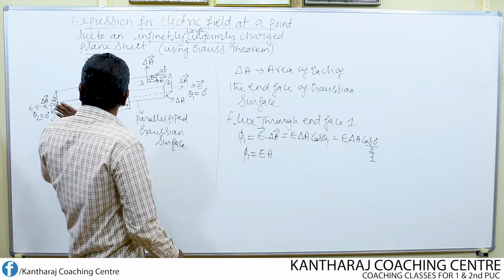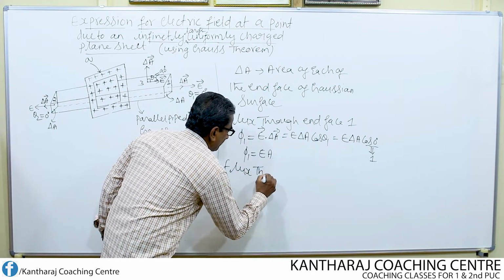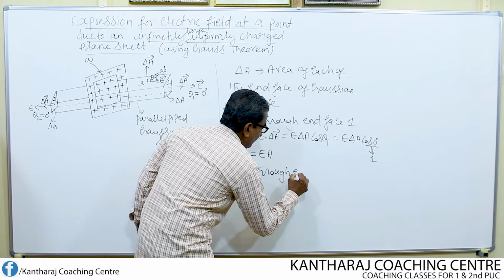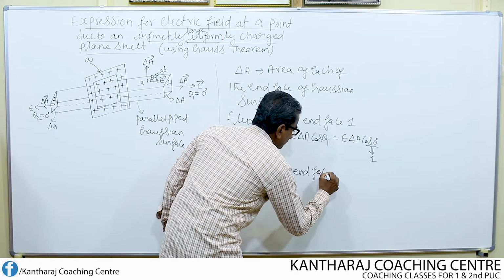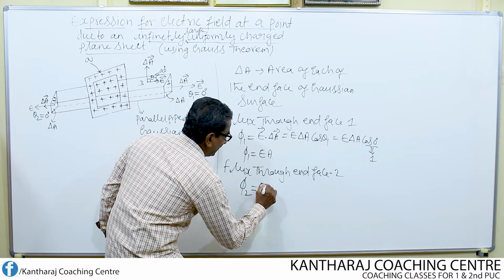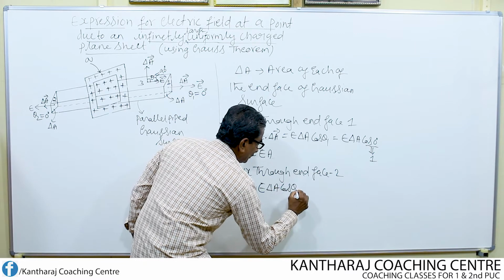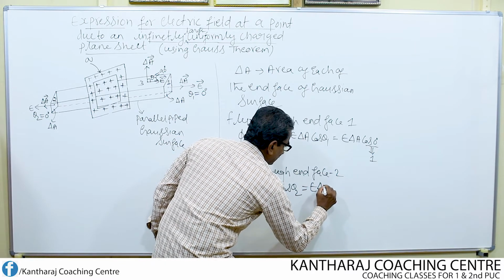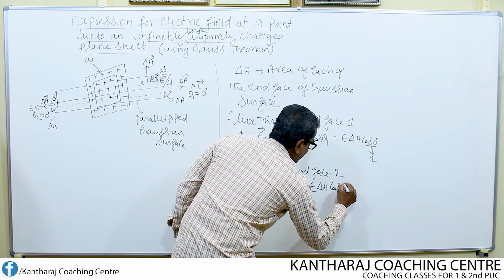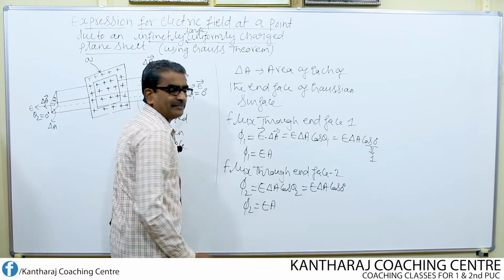Similarly, what is the flux through end face 2? Same formula, phi 2 equal to E into delta A into cos theta 2, that means E into delta A into cos 0 degree, that means phi 2 equal to E into delta A.